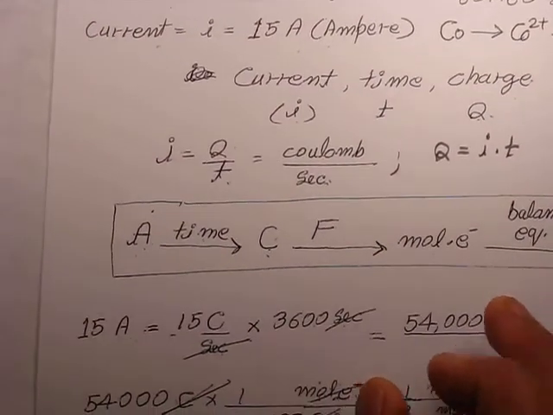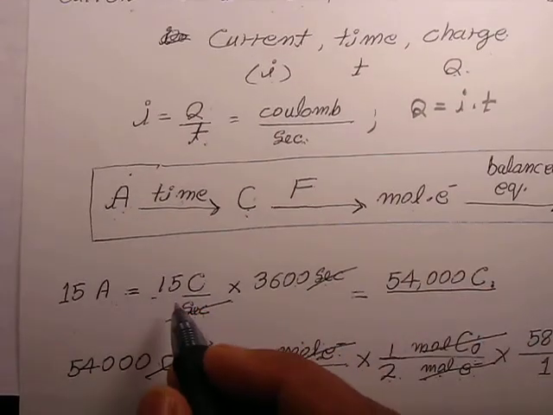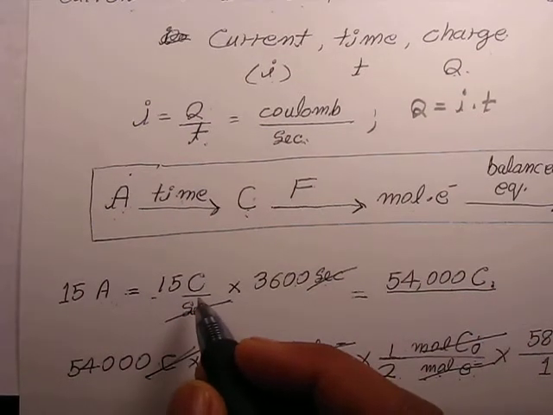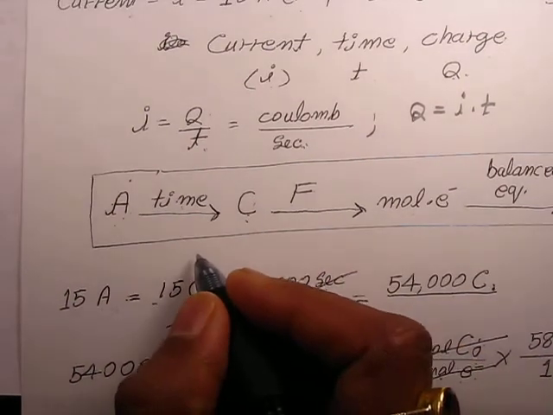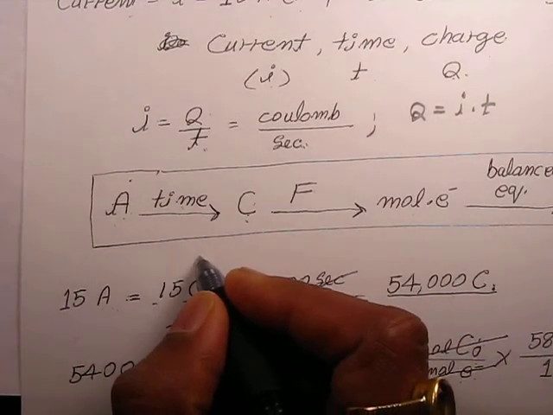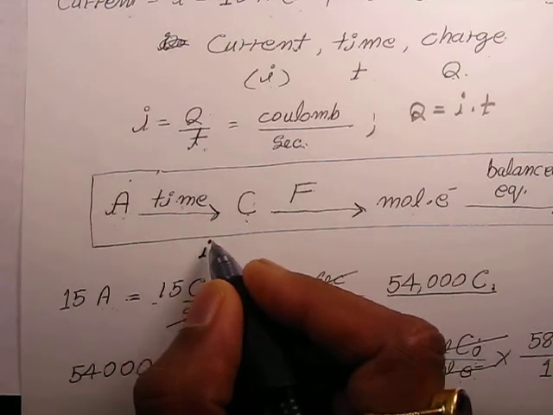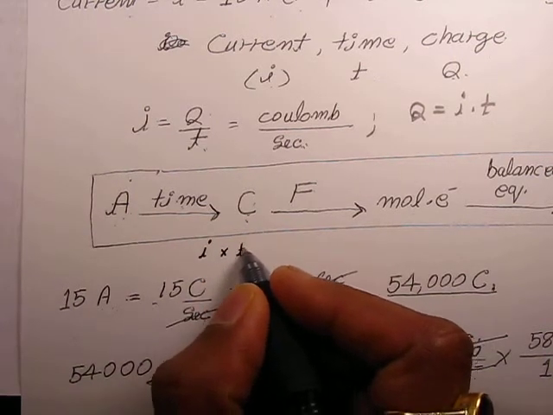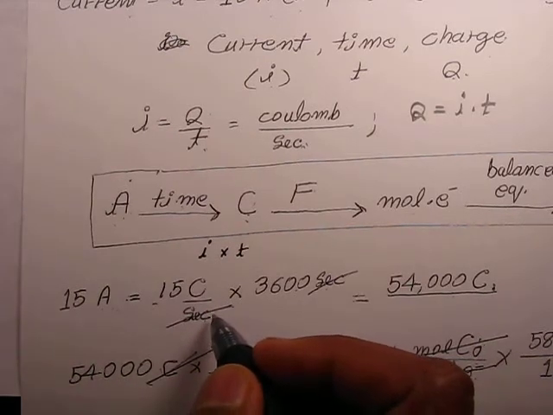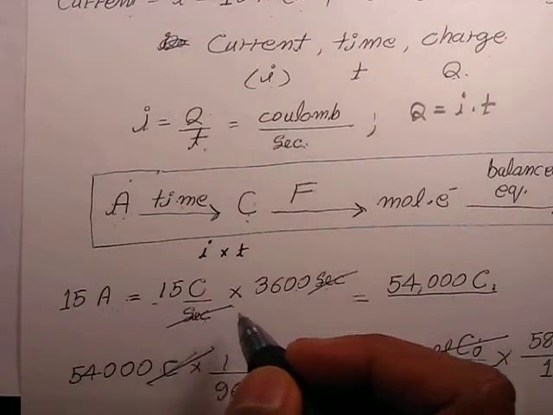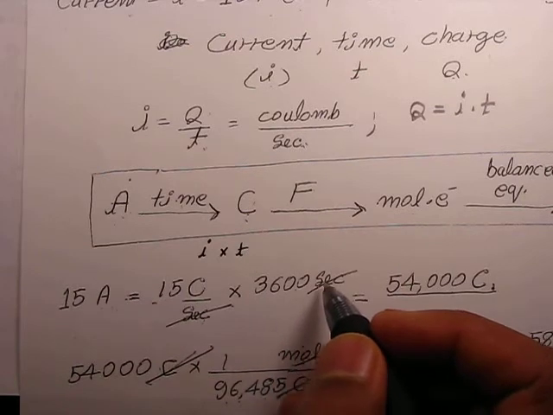So let's start. 15 ampere is equal to 15 ampere multiplied by time. Here I am multiplying the ampere by the time in seconds. The ampere unit is coulomb per second. So 15 coulomb per second multiplied by 3600 seconds.